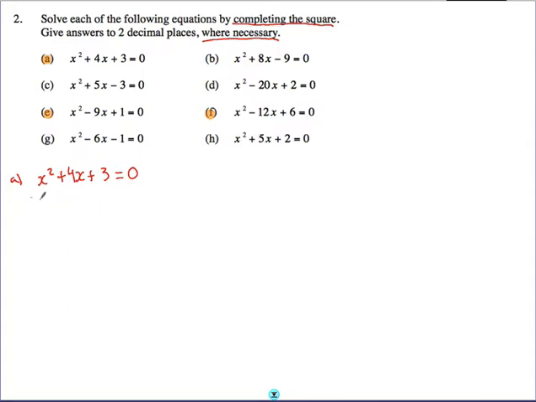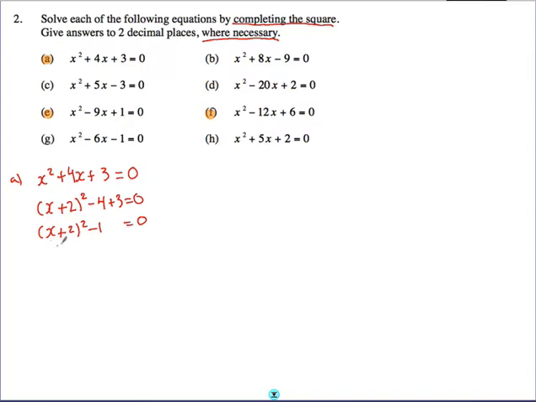Okay, so I'm going to complete the square for this. So it's x plus 2 squared, take away 2 squared, so that's just take away 4, plus 3 is equal to 0. Tidy it up, x plus 2 squared minus 1 is equal to 0.